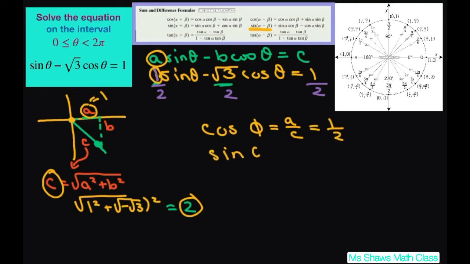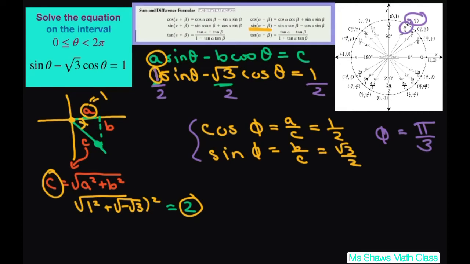Sine of phi equals opposite, which is b, over your hypotenuse. So that's going to be square root of 3 divided by 2. That means your angle phi is going to be pi divided by 3.